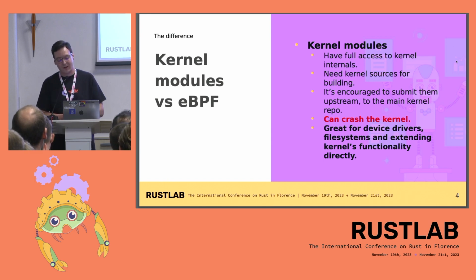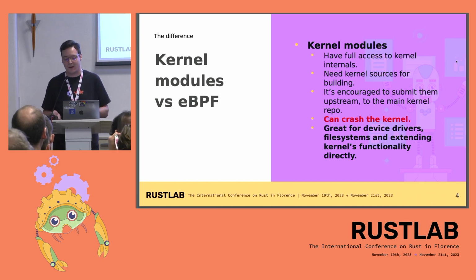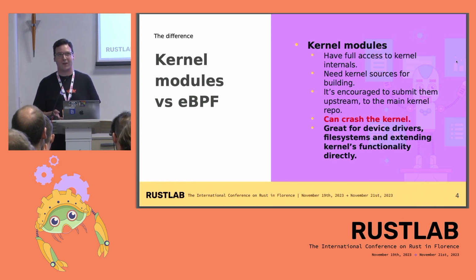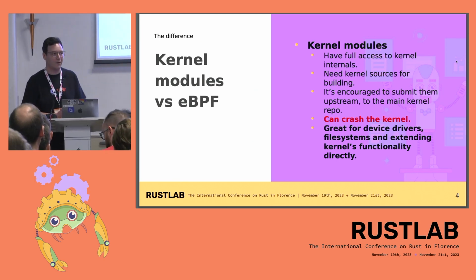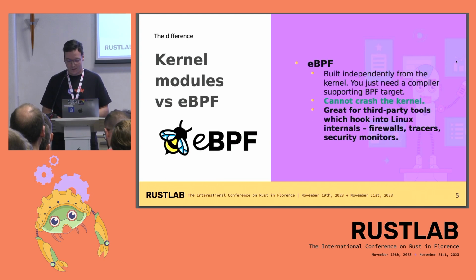But that's necessary, and I would say that from my perspective, kernel modules are great for device drivers or writing a new file system or anything which extends the kernel functionality directly, like completely new features in the kernel. Kernel modules are a good fit for that.